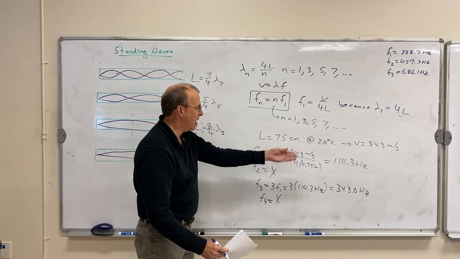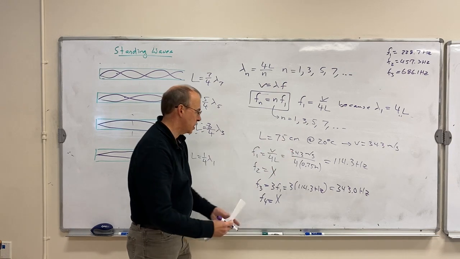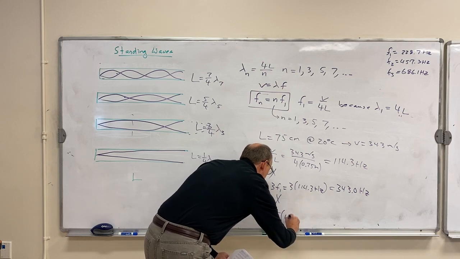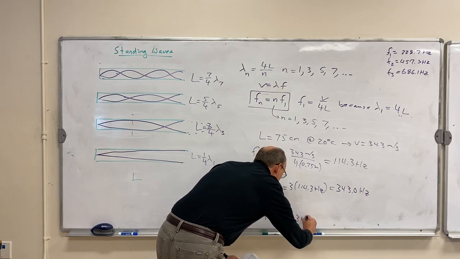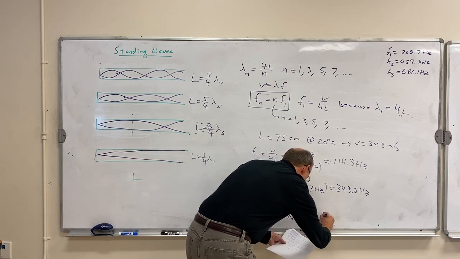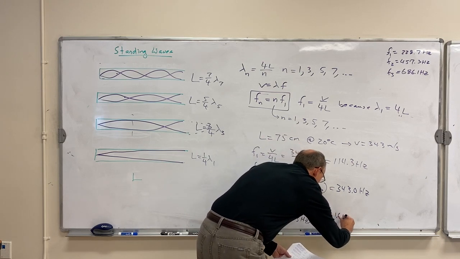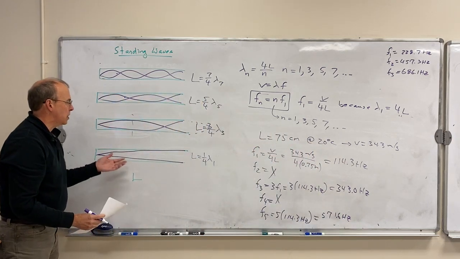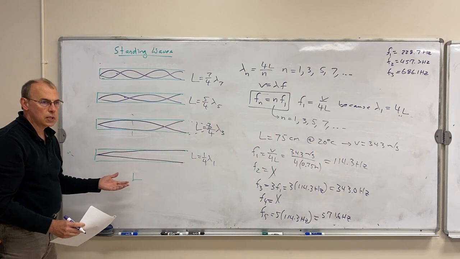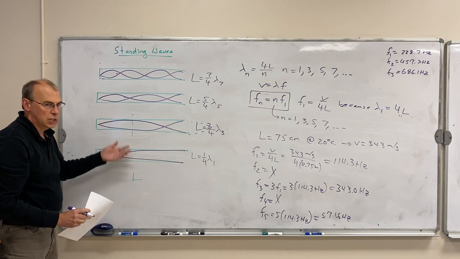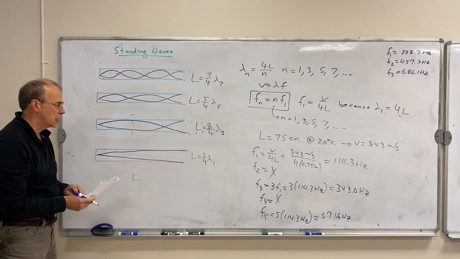F5 is 5 times 114.3, which is 571.6 hertz. So this instrument, even though it's the same length, plays a lower pitch and a different mix of harmonics.